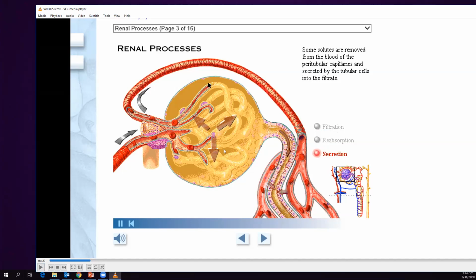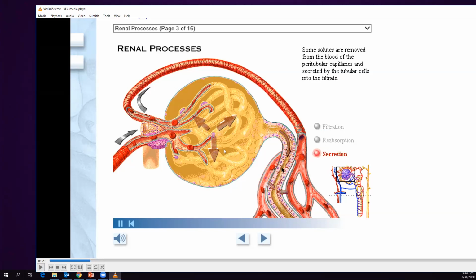All this yellow material is all the filtrate coming out, essentially plasma coming out and collecting in the glomerular capsule. So filtration, you can see, is going to go from the glomerulus into the glomerular capsule. Then that material is going to come down this way.